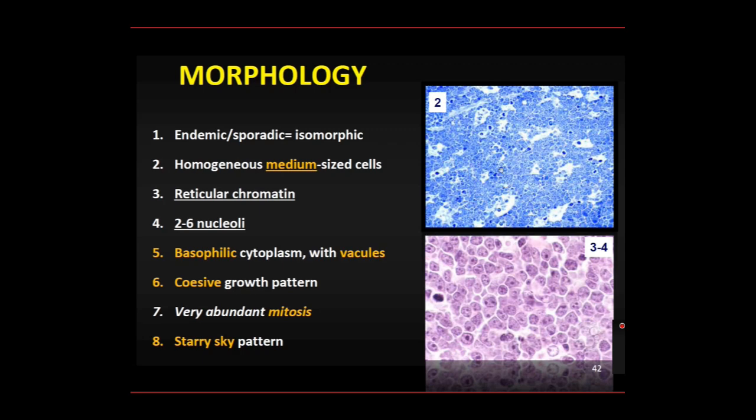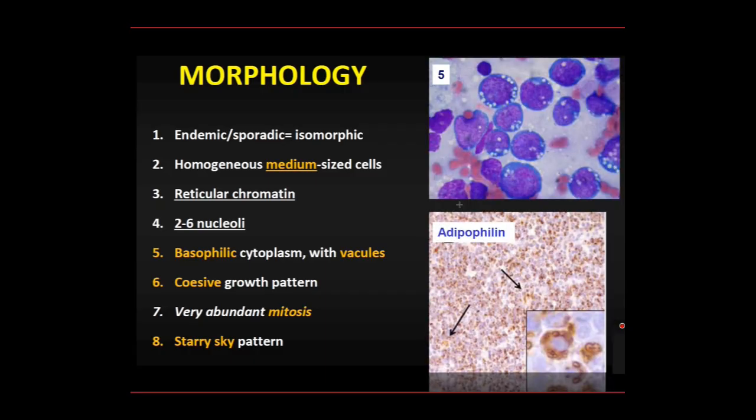The nuclei, you can see, are not as open as we have seen. This is probably a centroblast, but not as we have seen in the big centroblasts in diffuse large B-cell lymphoma and follicular lymphoma, which we call reticular. Here they are a little bit more irregular, with many nucleoli, up to 6. The cytoplasm is not abundant, but quite evident, and definitely basophilic.